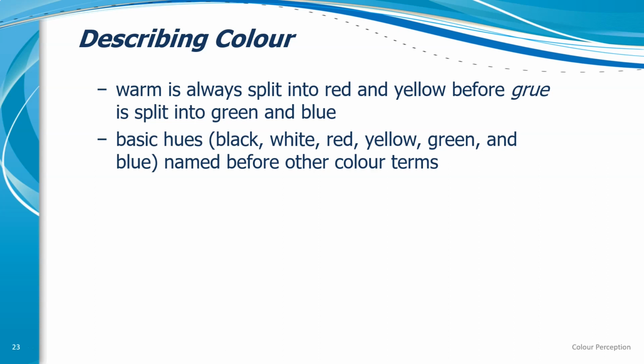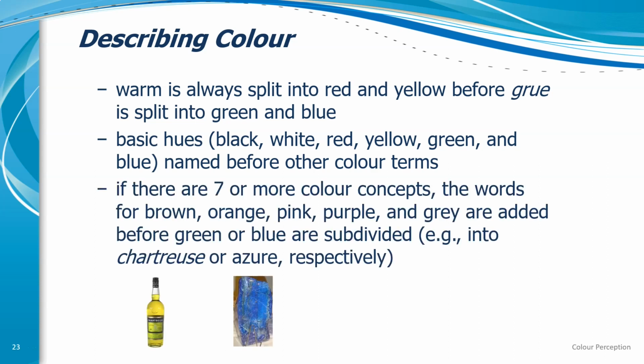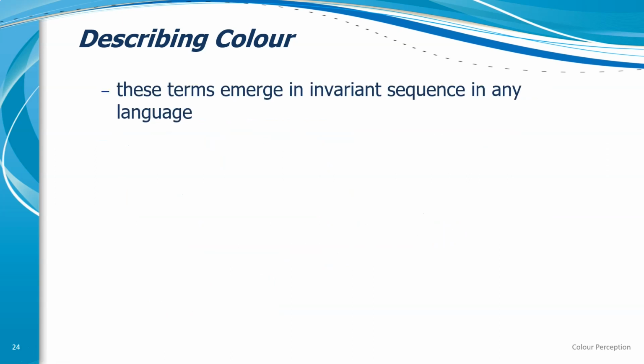Some languages are very rich with color terms, and if there are 7 or more, the words for brown, orange, pink, purple, and gray are added before green gets subdivided or blue gets subdivided. So, for example, chartreuse is kind of a yellowish green, named after this liqueur, and azure is one more specific shade of blue. So again, the point of this is that there is an invariant sequence of emergence across languages.